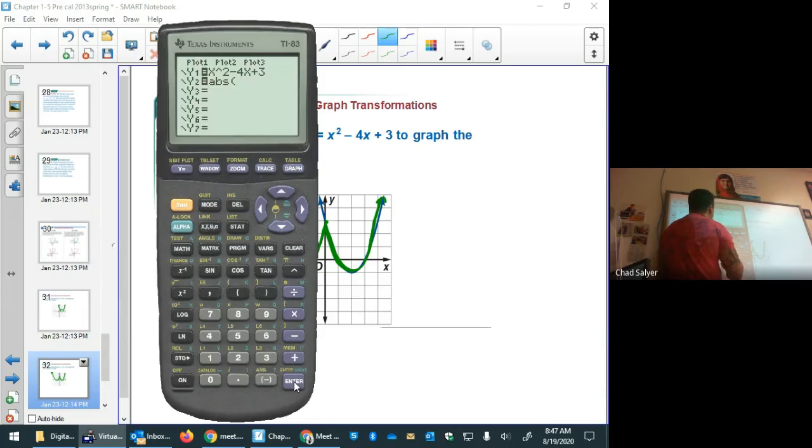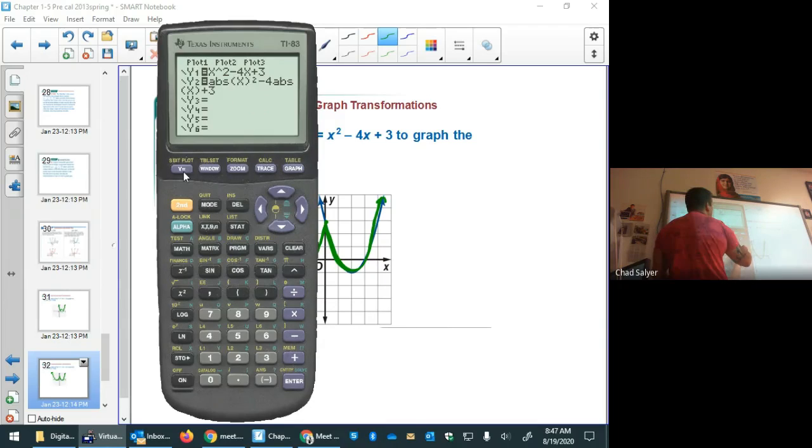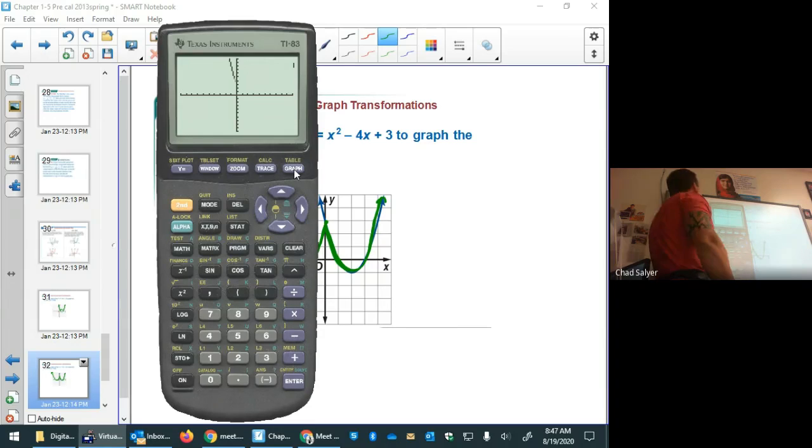So the absolute value of x squared, and then minus 4 times the absolute value of x plus 3. I believe that'll be right. So there's the original. Then there's the modified version. Once again, I need to go in here and make it a fat line so it's more distinct when it graphs over itself. Original, modified version. Okay.